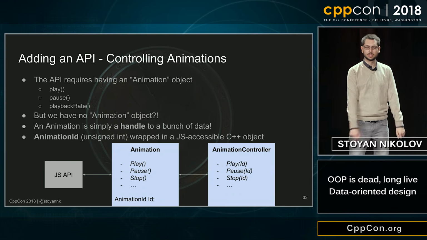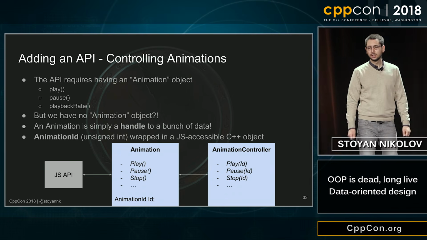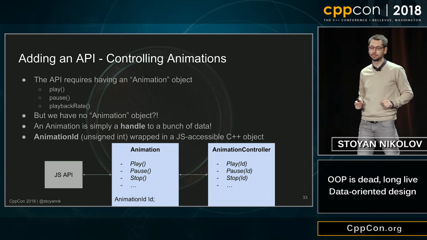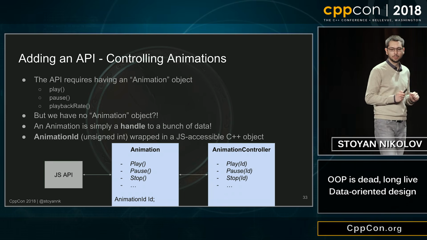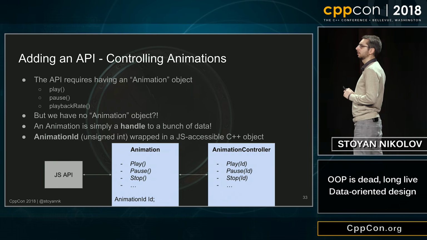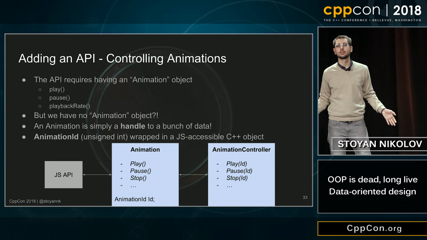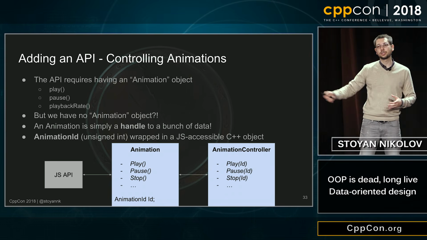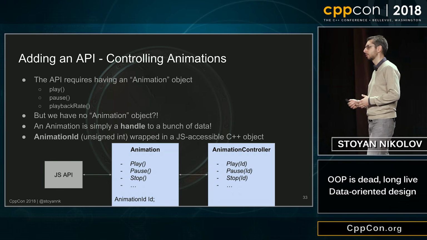So let's create our animation object. It has all the methods that we would like, but contains only one simple piece of data, an animation handle, just an ID. And it defers all the operations to other functions, the animation controller.